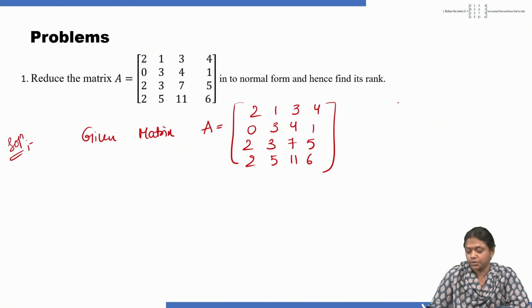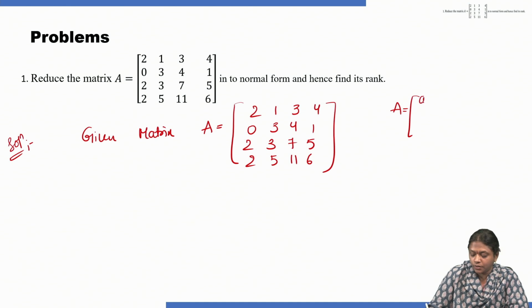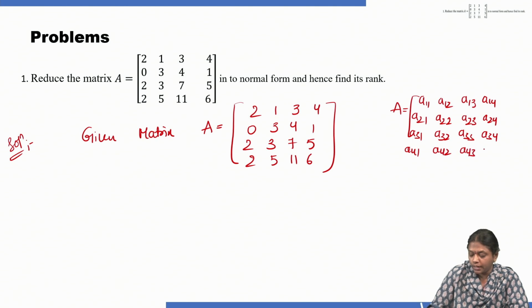Before entering the steps, I will generalize one matrix here. If A is the generalized matrix, the first row is a11, a12, a13, a14, the second row is a21, a22, a23, a24, the third row is a31, a32, a33, a34, and the fourth row is a41, a42, a43, a44.